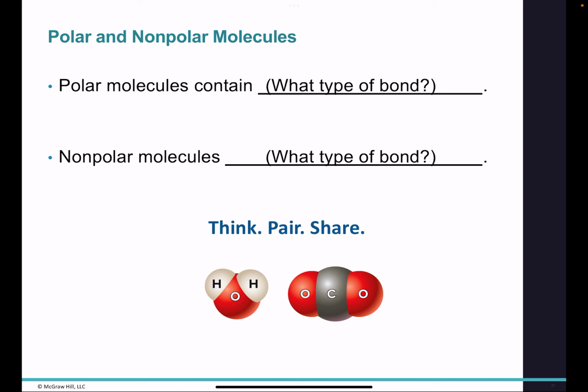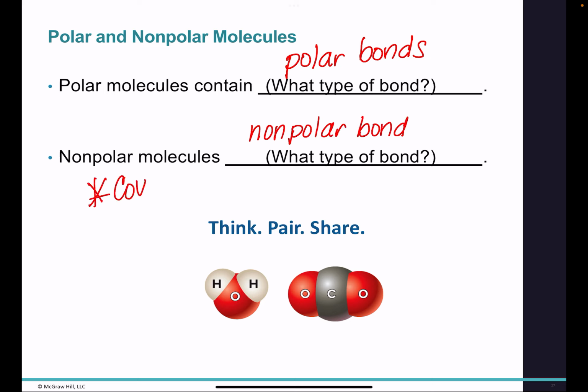So a polar molecule contains polar bonds, and a nonpolar molecule is going to contain nonpolar bonds. But these are both still covalent bonds with shared electrons.